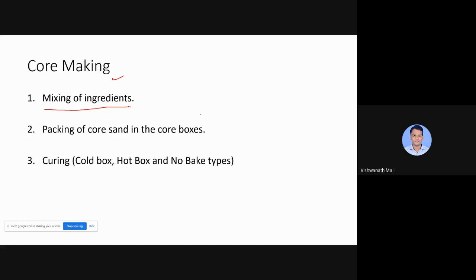Suppose we require a simple core in the part. According to that required shape, we produce the pattern, and with the help of the pattern, we produce the core box.